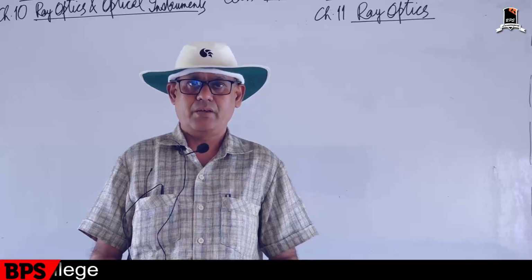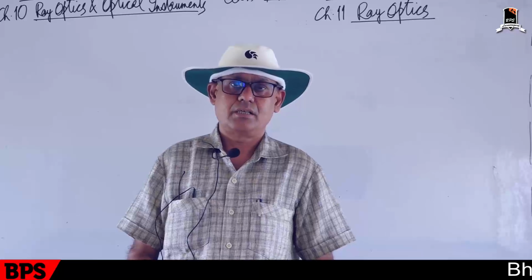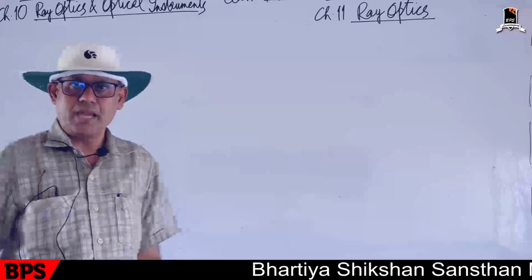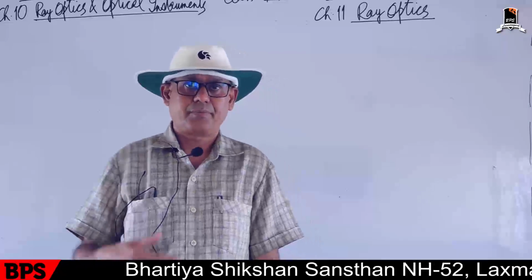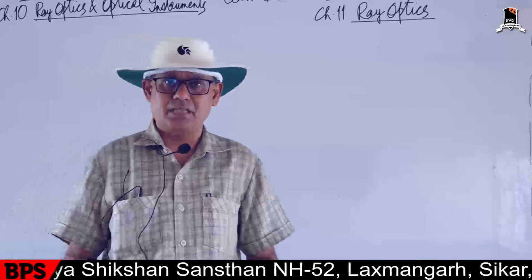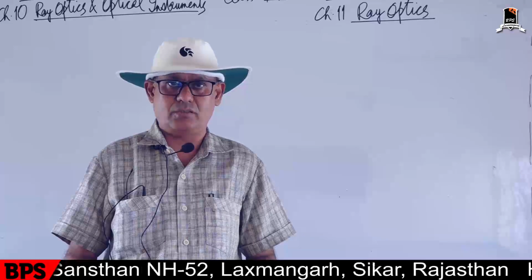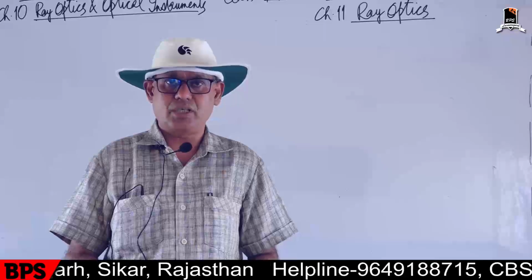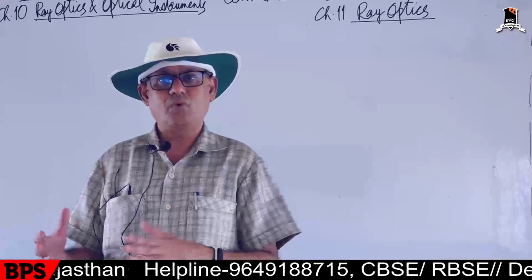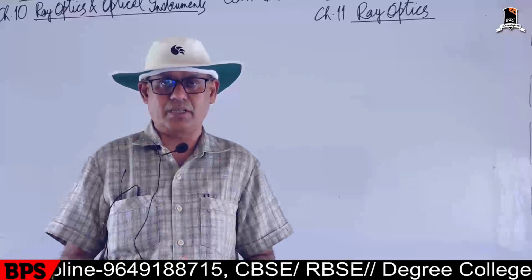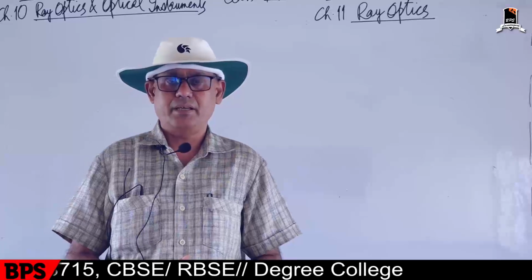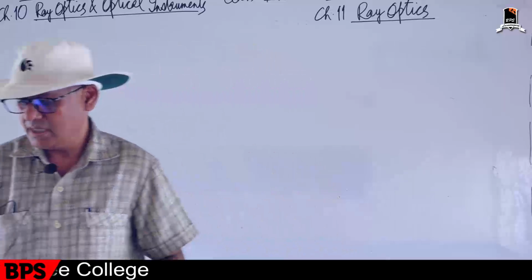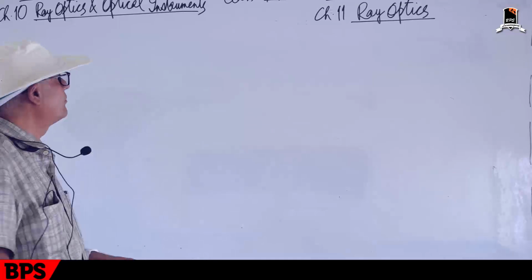Now, today, we want to study some sign convention, then some typical rays which can frame images, then one of the relations between focal length and radius of curvature, and maybe the mirror formula also. So first of all, sign convention.